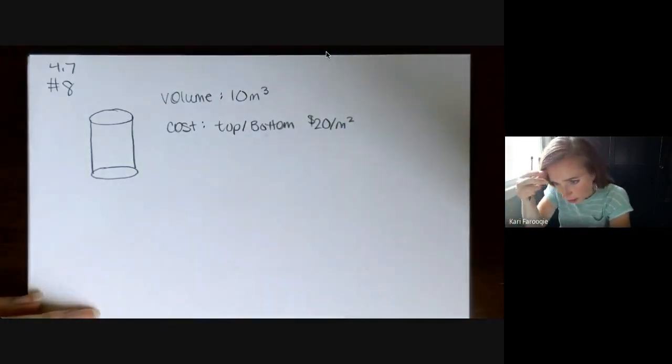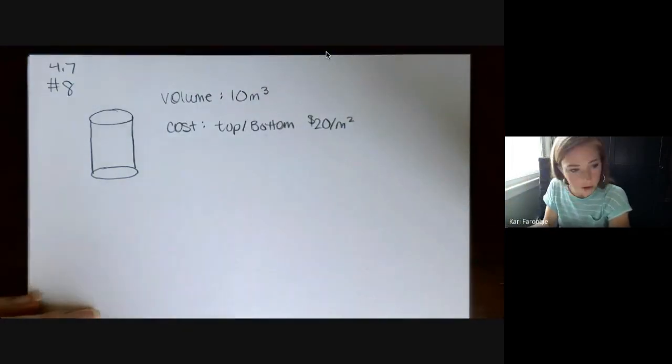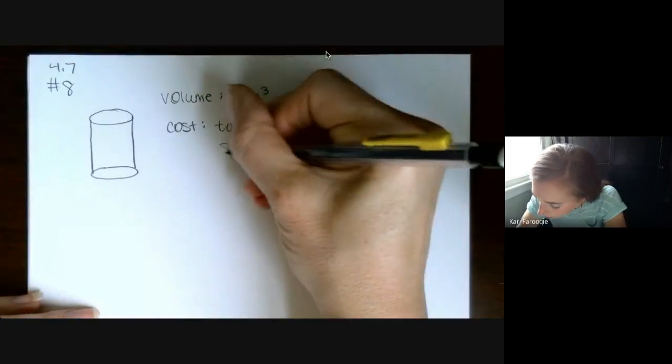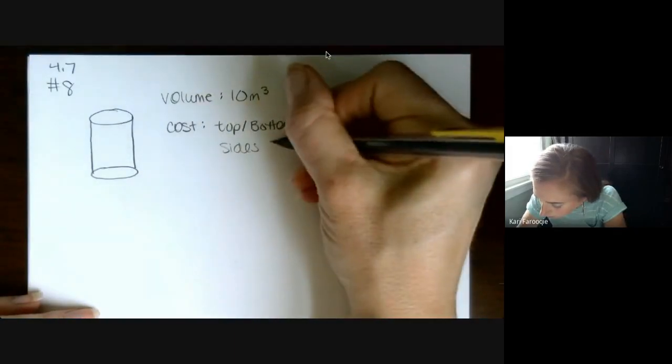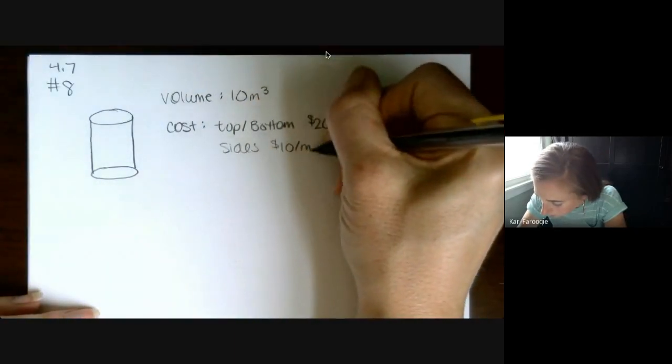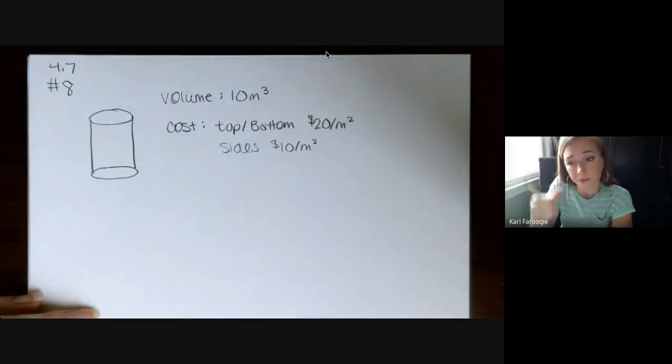And the sides are to be made of material costing $10 per square meter. Find the dimensions that will minimize the cost of the material.